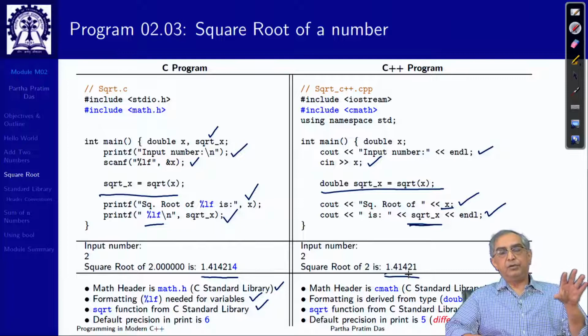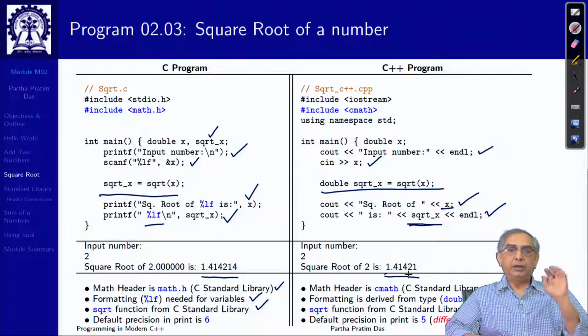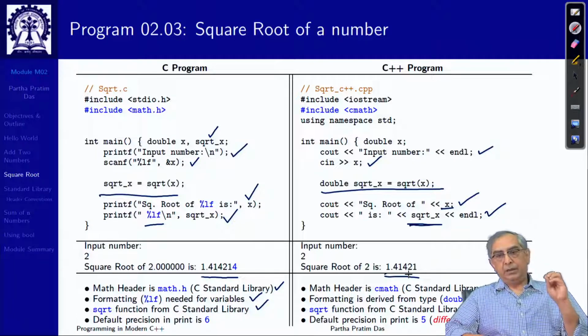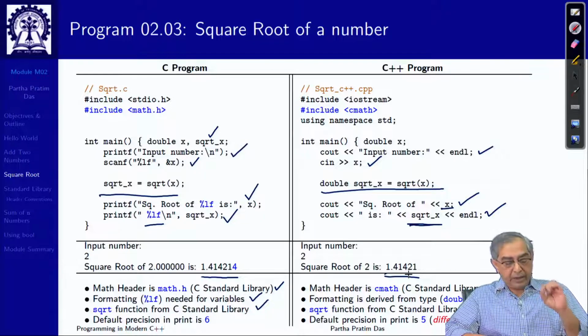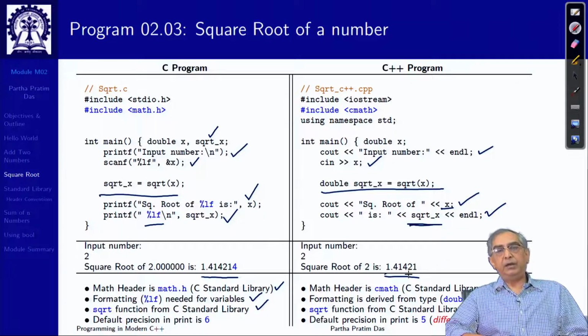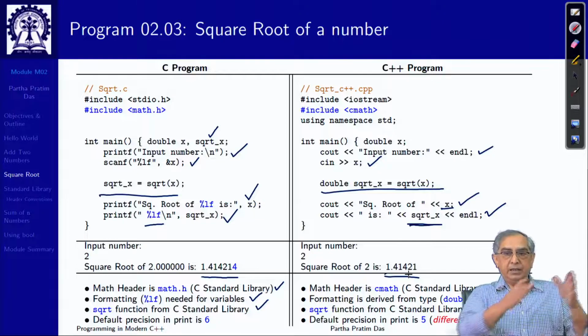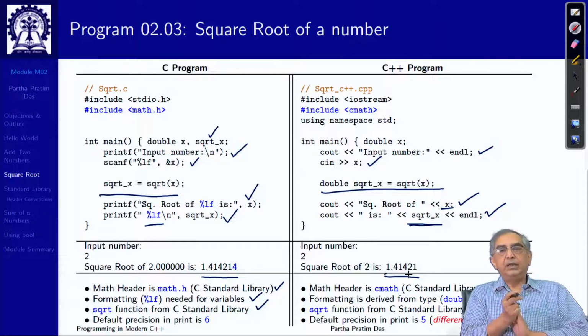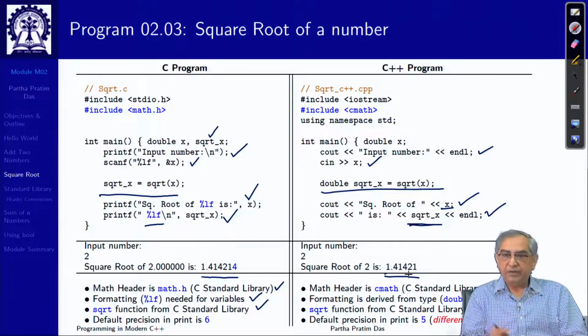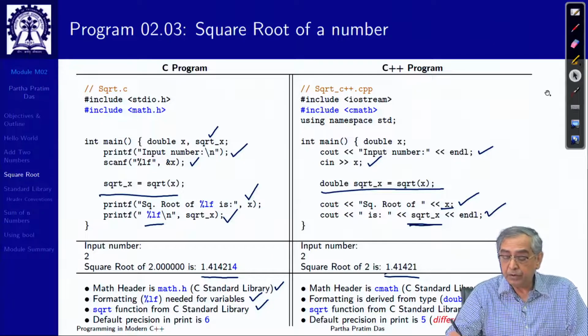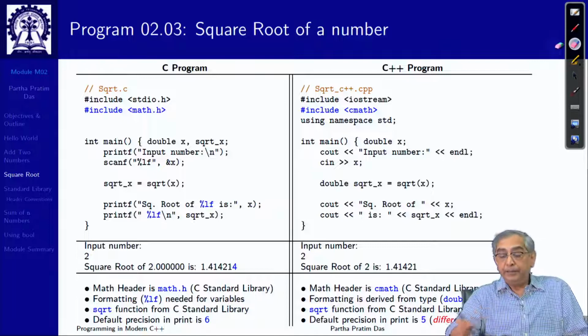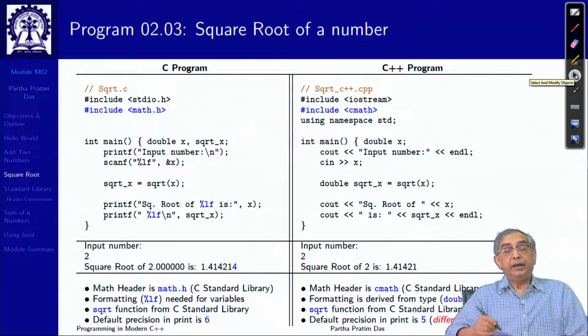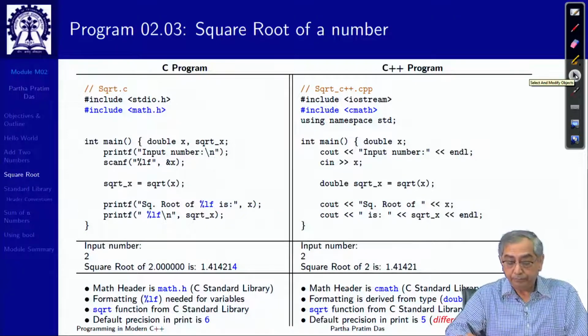In C++ also we will show how to control the precision as to what you want, but I just wanted to highlight that by default in GCC, C with %lf follows one precision and cout for double follows a different precision, right. So, this gives you an idea of how to use the C standard library in C++ as well.